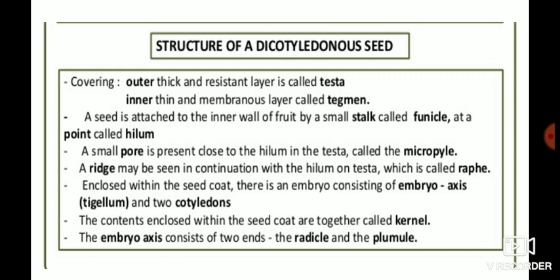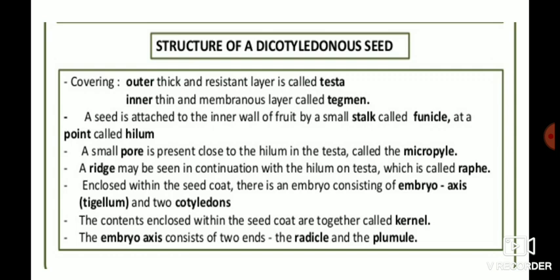A small pore is present close to the hilum in the testa, which is known as micropyle, and a ridge may be seen in continuation with the hilum on the testa, which is known as raphe. In some seeds, the hilum is extended in the form of a ridge-like structure, which is known as raphe.